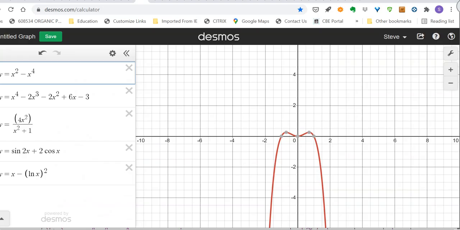And there it is: x squared minus x to the fourth. We should have these maxes at 0.707 and 1/4, so negative root 2 over 2 and root 2 over 2, and 1/4. We've got our intercepts there, and then our various points of inflection, which won't be labeled on there.